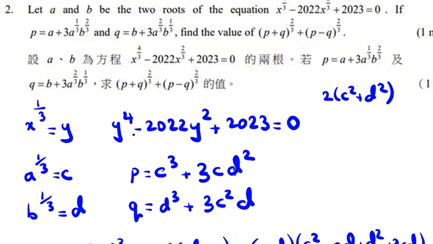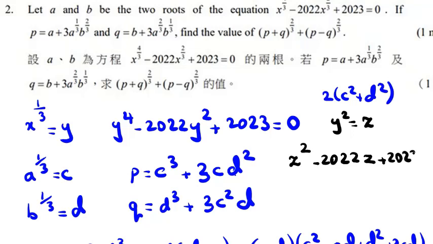If I consider y squared, for example, equals z, then I can say z squared minus 2022 z plus 2023 equals 0. Okay, so here we can say, because c is a root of this, c squared is also a root of this, and d squared is a root of this.